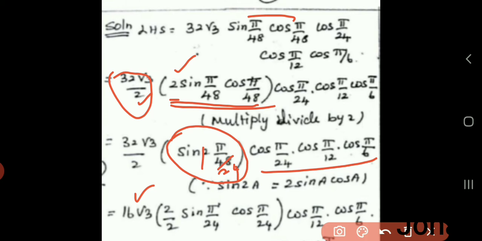Now again I want to group the next terms there. Likewise, the sin pi by 24 and cos pi by 24, I want to group that. At the same time I want to multiply and divide by 2 again.